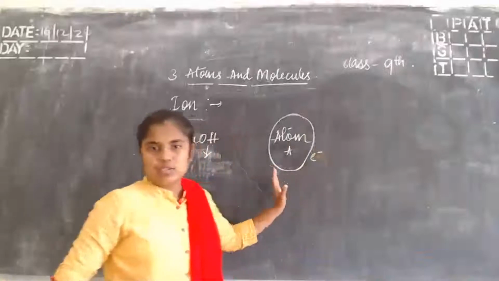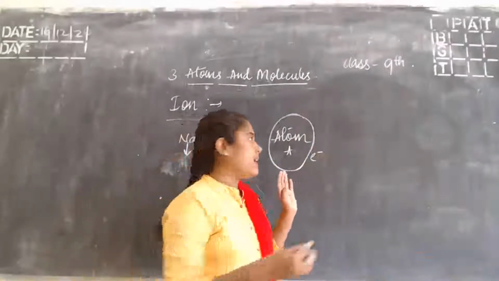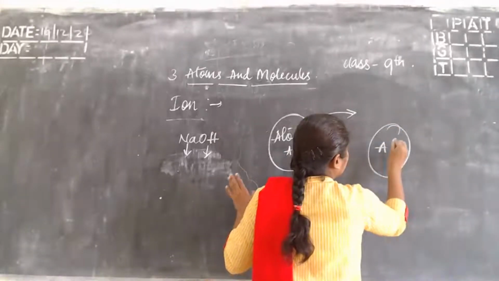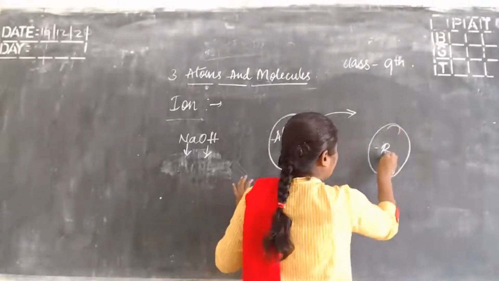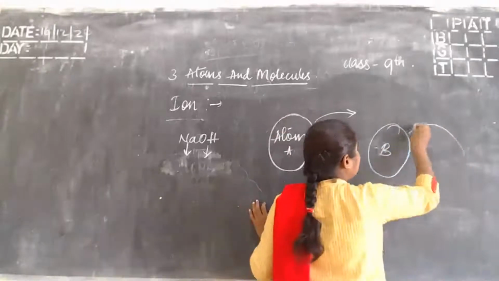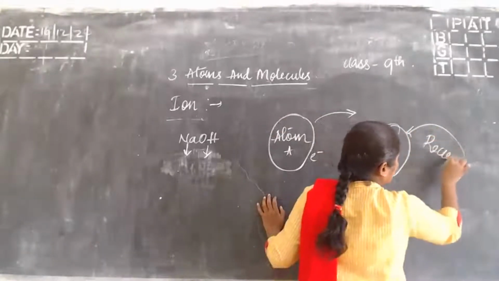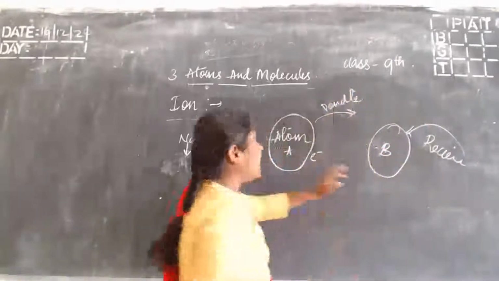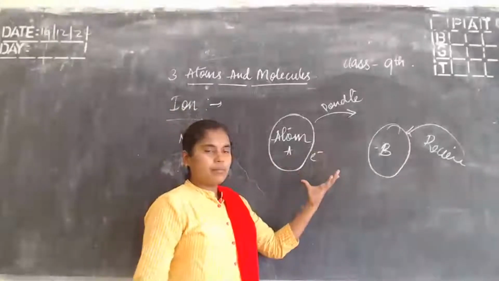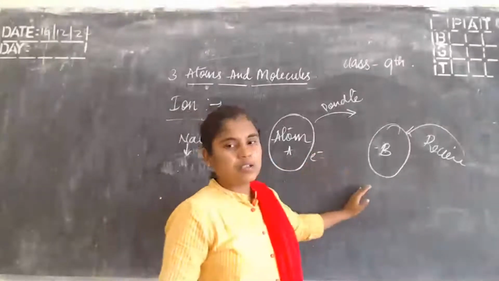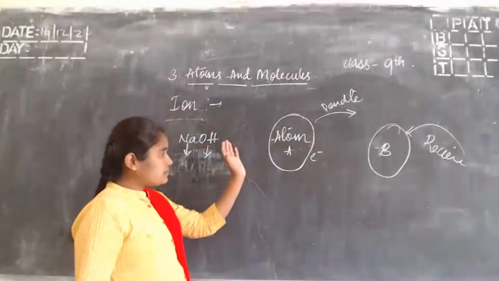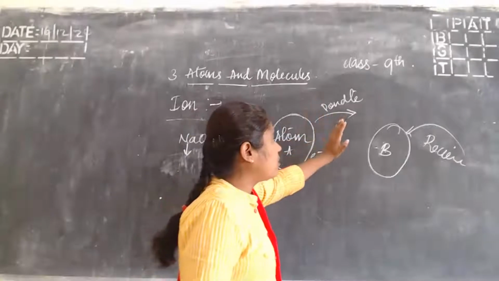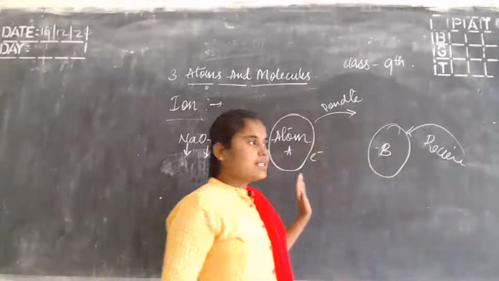Either they donate them or they receive them. Imagine this is atom A and this is atom B. One atom either donates or sometimes it also receives.